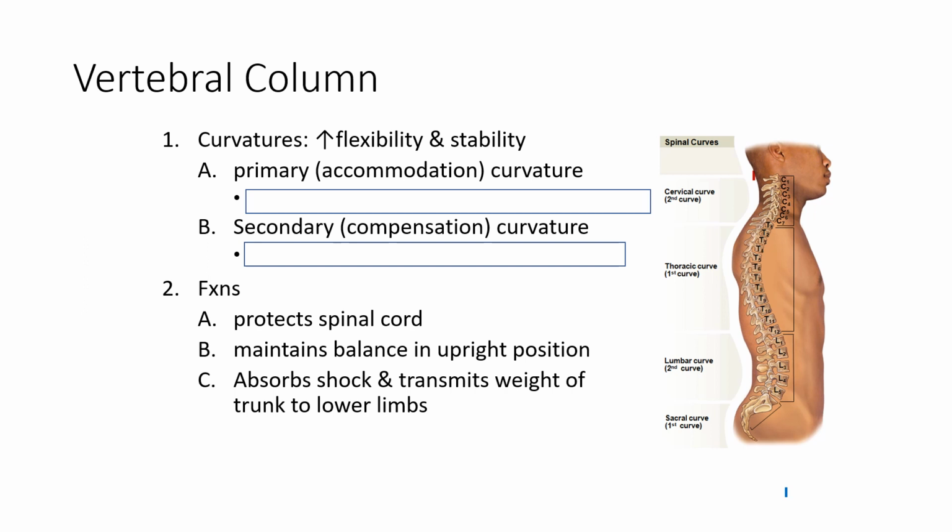In the cervical curve, it dips in, known as concave. In the thoracic, it projects out, known as convex. In the lumbar, it dips in, known as concave. In the sacral, it projects out, known as convex.